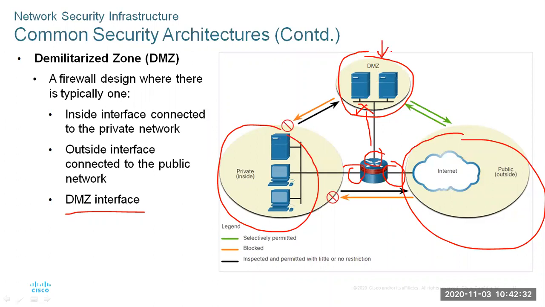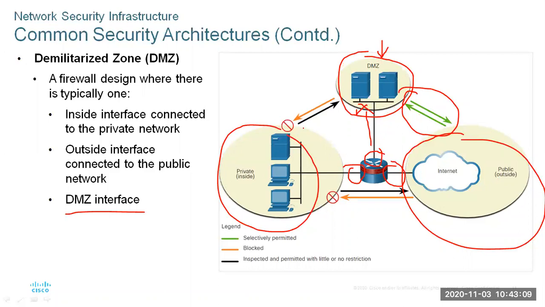You put all those services that you want to be accessed publicly, maybe your web service, your DNS service. That's why you see here it is green. So they are free to go to the internet and come back without any issue. On your firewall, you can permit traffic in and out of this place. But your private network is very secure.